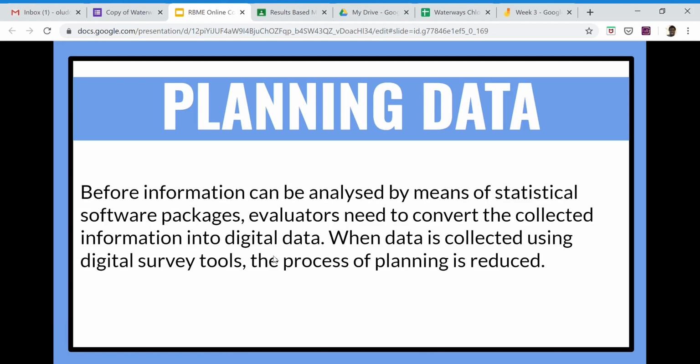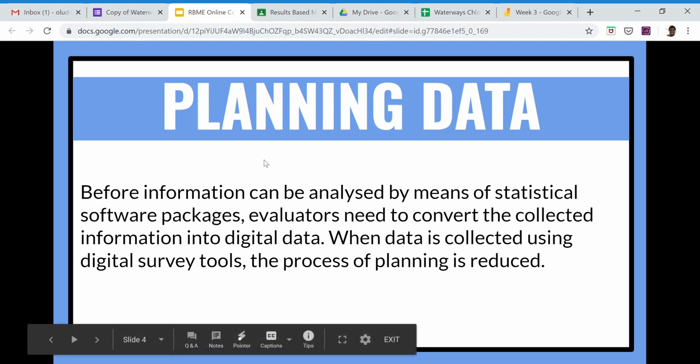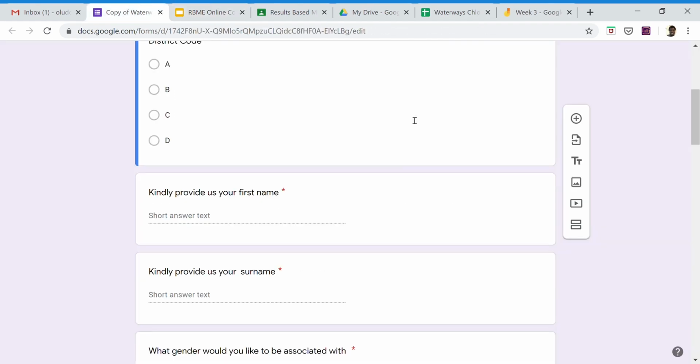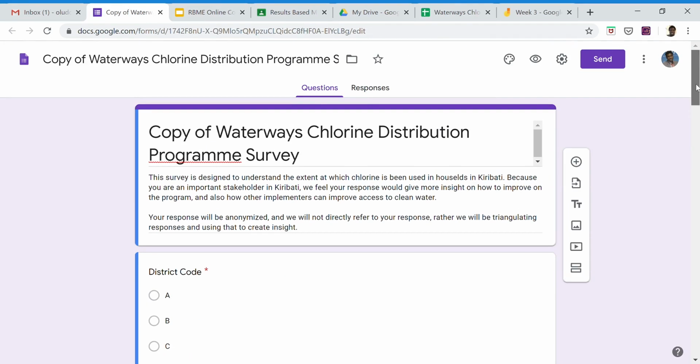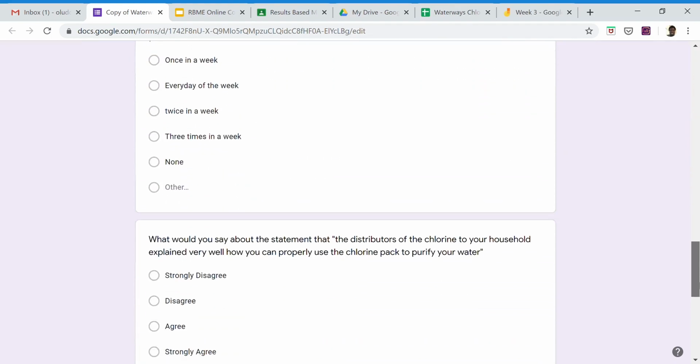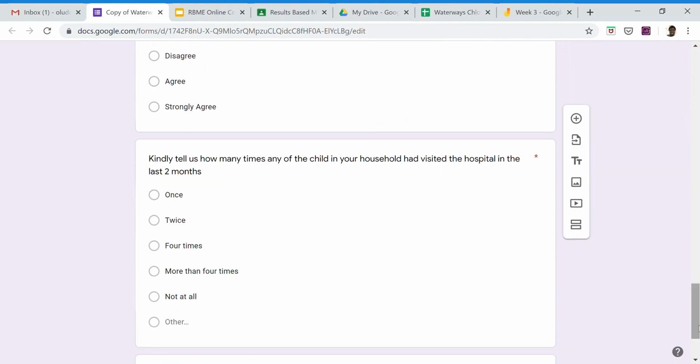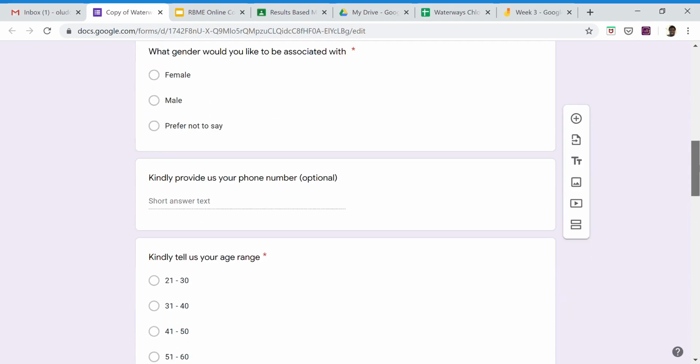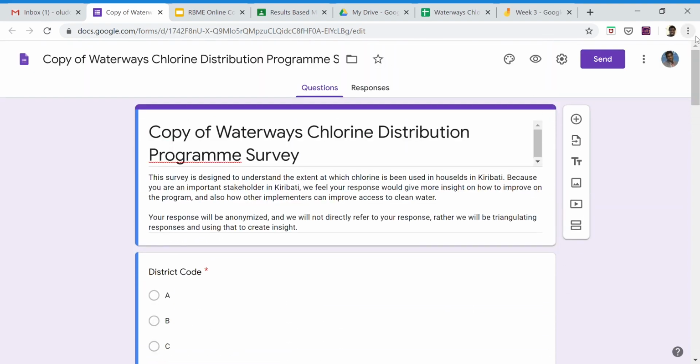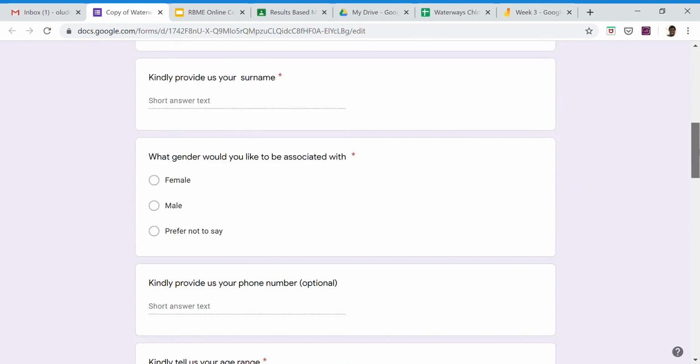So what do we mean by planning data? I've already mentioned it. Once you have prepared your instruments, just like we have in here, this was the instrument we prepared in week 2, right? You might see that I've added 1 or 2 things in it, just for the purpose of illustration in the class.